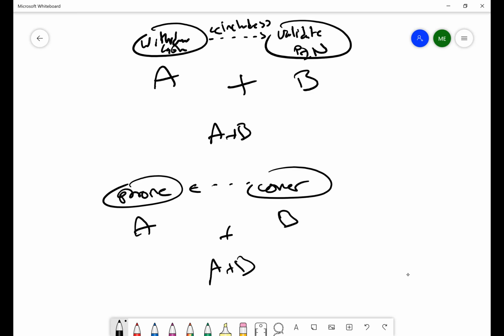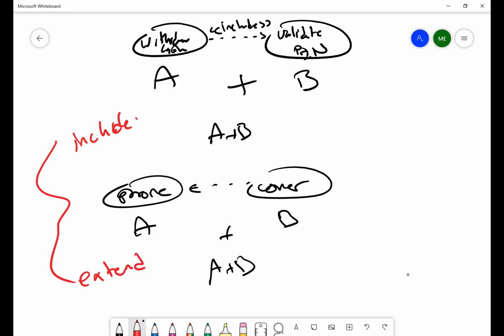I cannot say that one way I can do a phone is to use a cover, or one way I can do the cover is to do a phone. Again, doesn't make sense. So this is why we say that the include and the extend are cousins of each other, because together they have the A plus the B type.